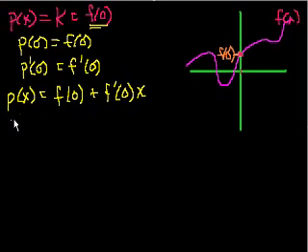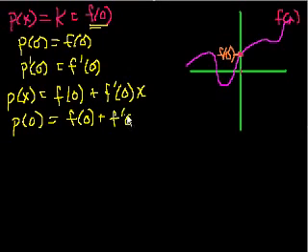So let's see. First of all, let's confirm that p of 0 is equal to f of 0. Well, p of 0 is equal to f of 0 plus f prime of 0 times 0. Well, this last term just goes to nothing, right? Times 0. So that checks out. At x is equal to 0, the two functions are equal to each other.